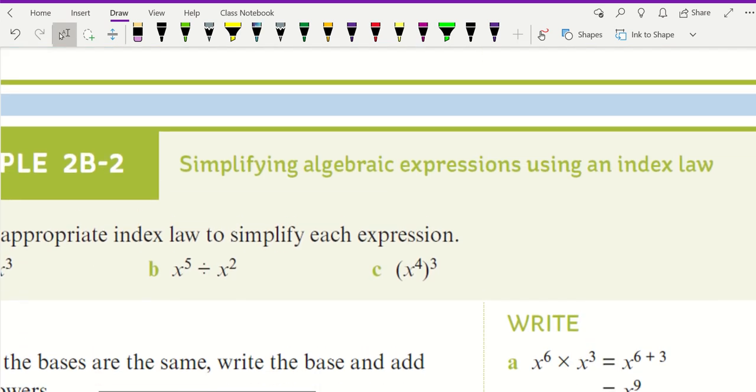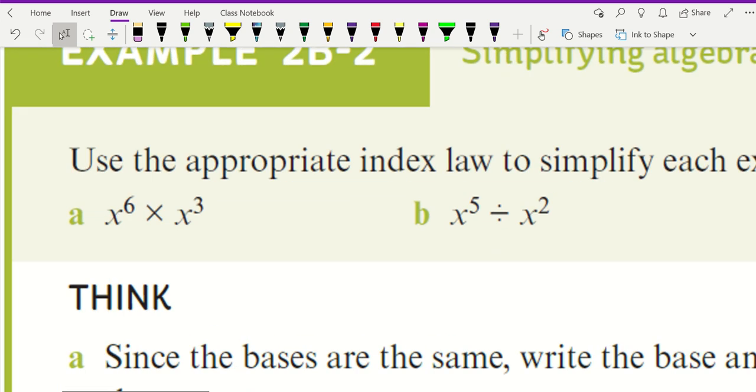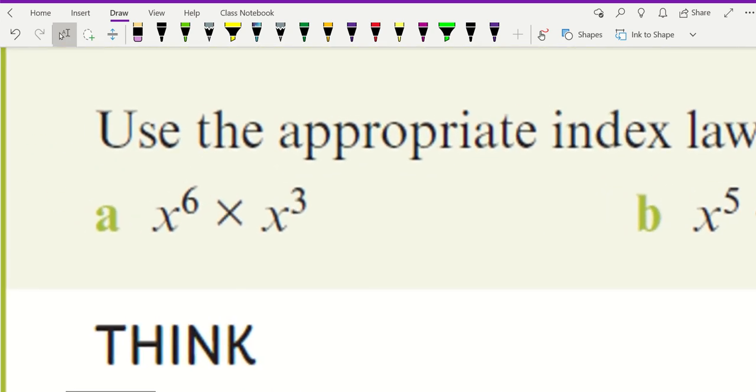Let's have a look now. We're going to just apply the same rules, but in this case we have a pronumeral as the base. Remember, a pronumeral is just a symbol that represents a numeral. So in this first case, it's the letter x. Our working here is x to the power of 6 plus 3 equals x to the power of 9.